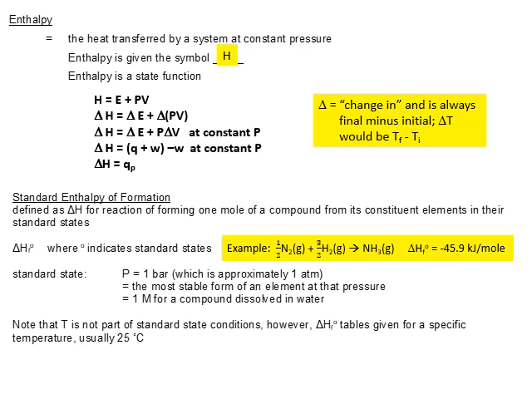If the species is dissolved in water, the standard state is for the concentration to be 1 molar. Note that temperature is not part of the standard state conditions. However, the enthalpy of formation values given in tables are generally for a specific temperature, usually 25 degrees Celsius.